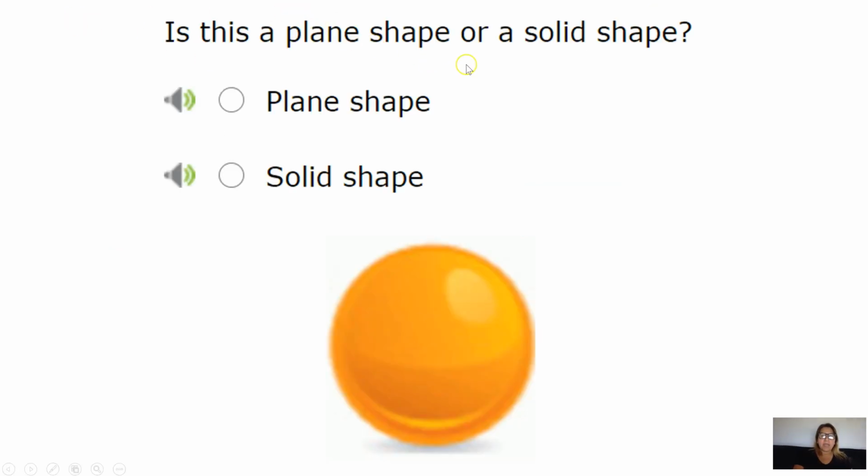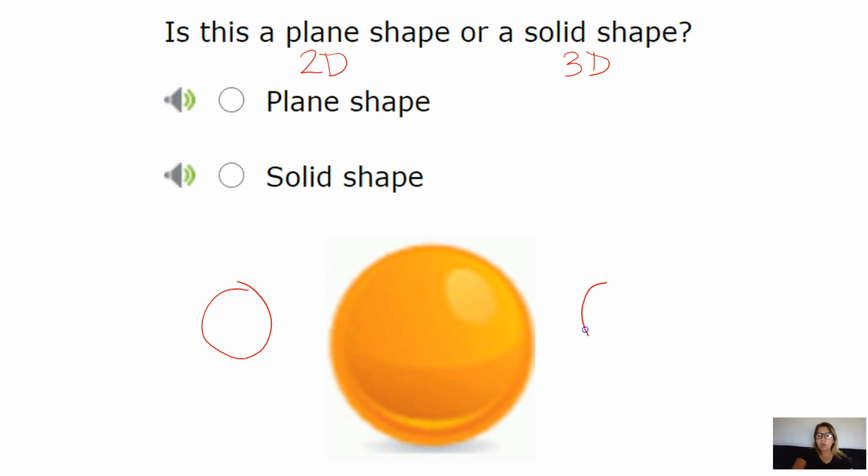Is this a plane shape or a solid shape? So when we refer to a plane shape, boys and girls, it could be a flat shape, or we could also refer to it as 2D. Or a solid shape could be also referred to as 3D. So if we look at this shape, does it look like a circle to you, like this?